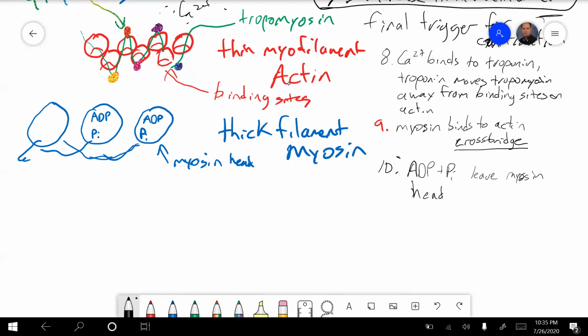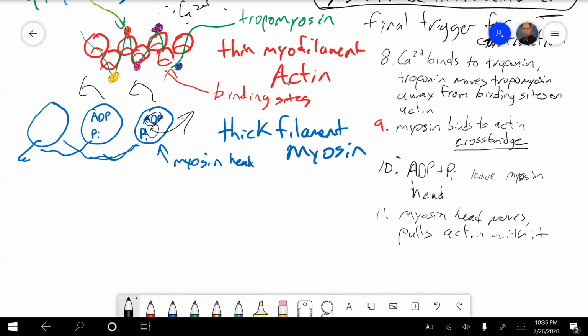So those guys take off, which causes the movement. The myosin head moves and it pulls actin with it, because this cross bridge is formed and they're stuck together. And so when that myosin head moves, it pulls that actin in with it, and that moves those Z discs closer together, and now there's muscle contraction.